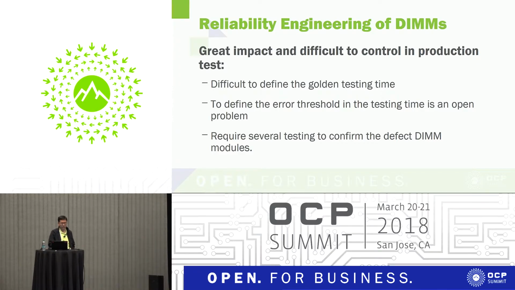Why? The first is that it's difficult to define the golden testing time. How much time do we have to test the DRAM module? 24 hours, 72 hours? How much time can we take to identify that this DRAM is good under the stress test environment?